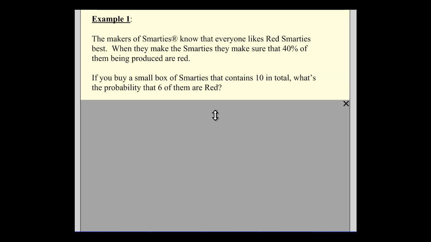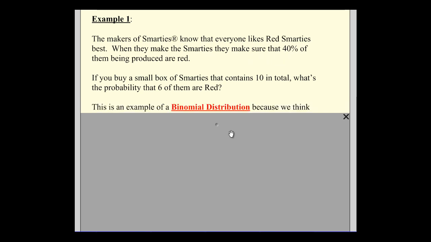So if you buy a small box of Smarties, it's got 10, the ones you get at Halloween, what do you think the probability is that 6 of them are red? So 10 Smarties in a box, the probability that 6 of them are red, knowing that the probability of them being produced is 40%. Okay, red, 40% red.